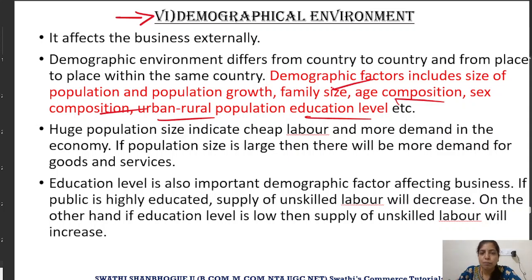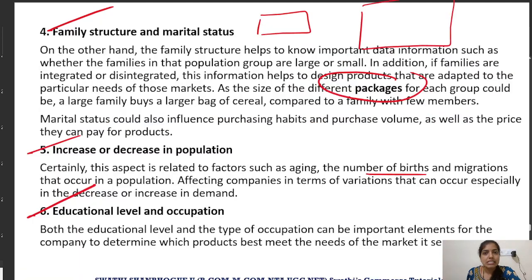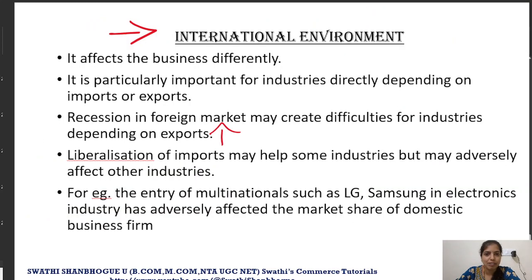Demography is nothing but the study of the people, where we are studying the people or population on the whole, depending upon various factors like your socio-economic level, age factor, sex composition, family structure, increase or decrease in the population, and also the economic occupation and your educational level. And lastly, we studied your international environment, where we are studying about liberalizing your imports and encouraging your exports, so that you can improve your sales not only in the national boundaries but also across the globe on the whole.